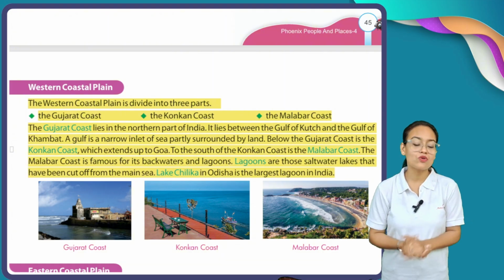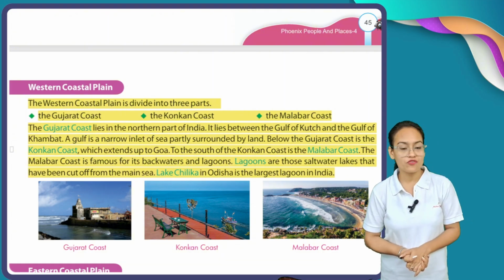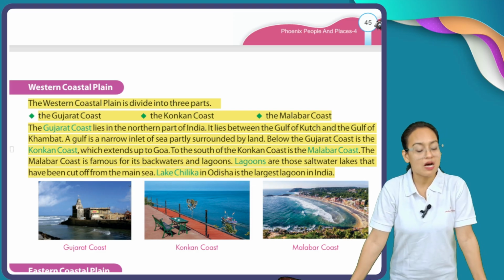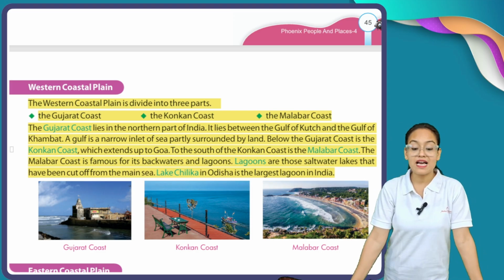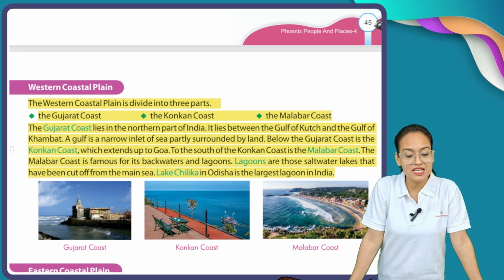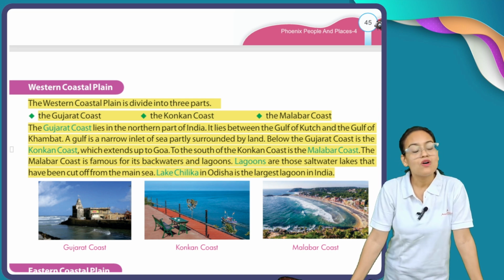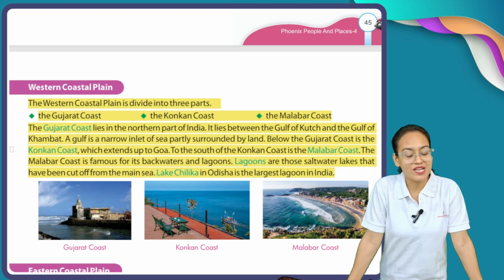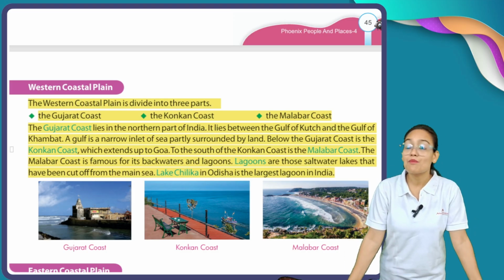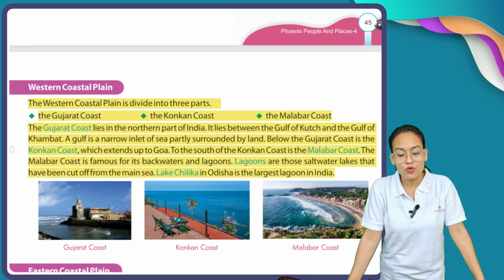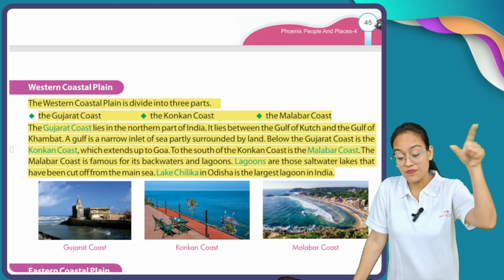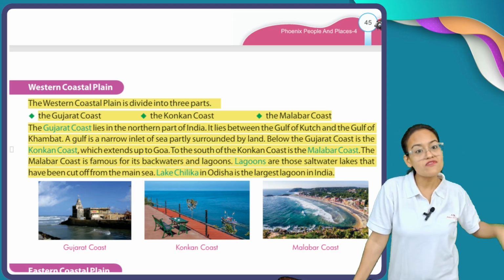The Gujarat coast lies in the northern part of India. It lies between the Gulf of Kutch and the Gulf of Khambat. A gulf is a narrow inlet of sea partly surrounded by land. Gujarat coast is located completely in the northern part of India, and it stretches from Gulf of Kutch to Gulf of Khambat.